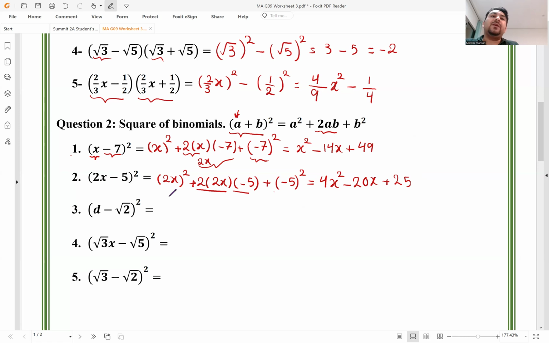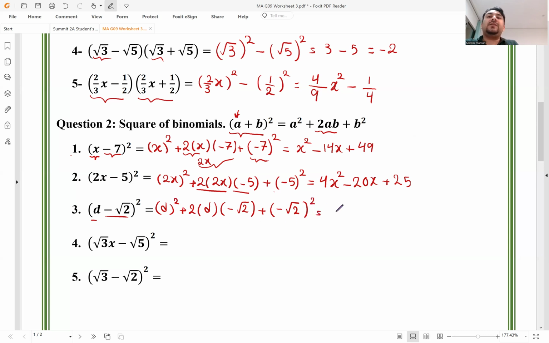Okay, let's do the next one. Question 3. The first term is d, the second term negative radical 2. So the first term, which is d powered by 2, plus 2 times the first term, which is d, times the second term, which is negative radical 2, plus the second term, which is negative radical 2, powered by 2.